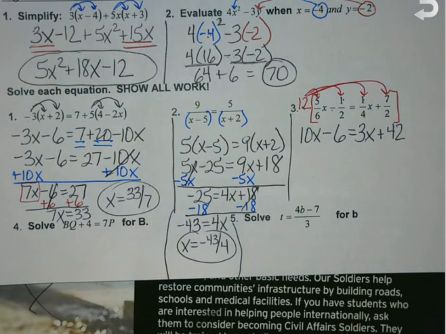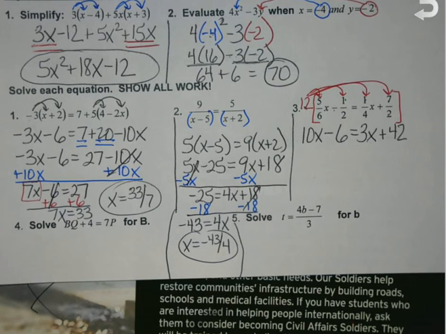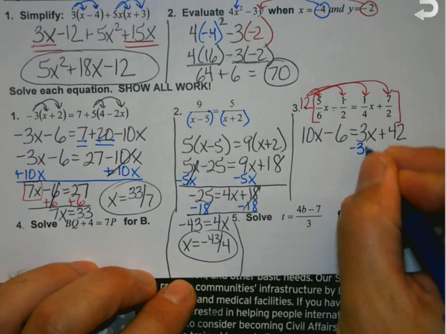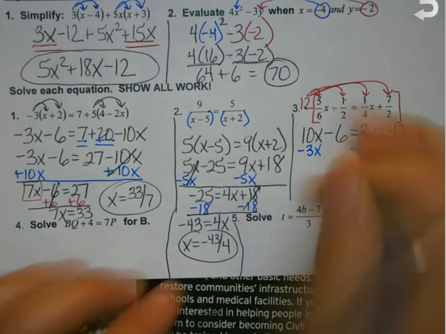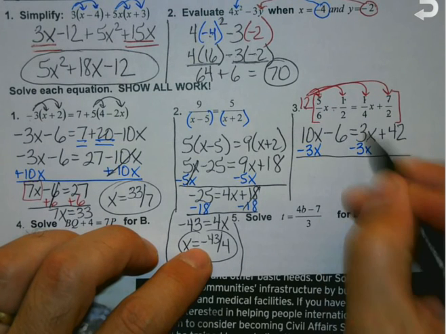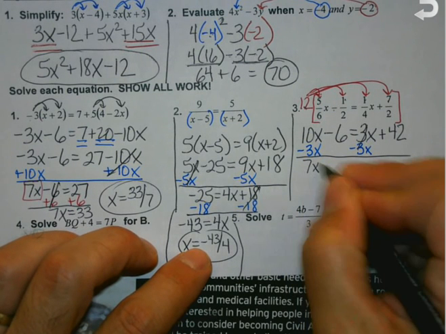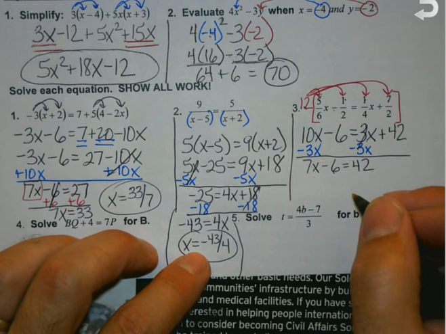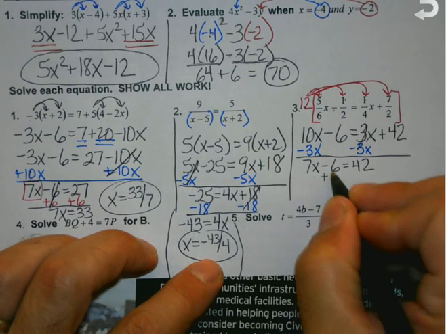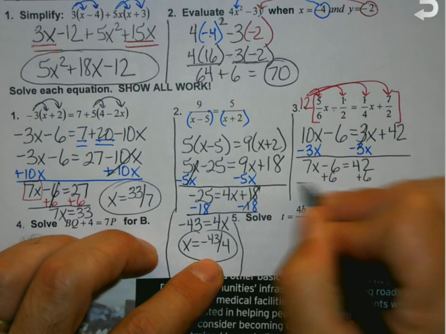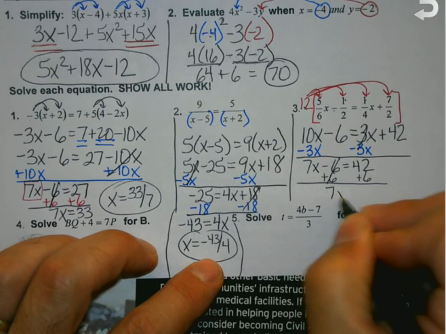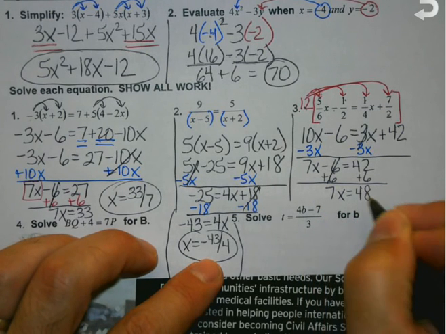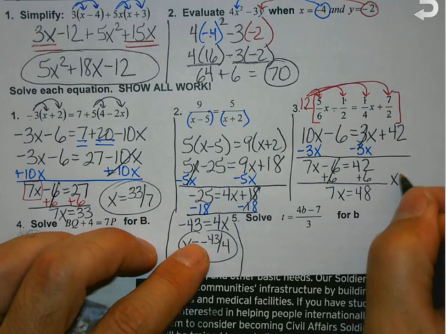And again, now it's just like the rest of them. It's funny how they all look so different at the start, and then we do one step, and now they all look the same again. So let's get that 3x out of there. I'm getting a lot of them that are not coming out pretty, but that's just the way it is with these.